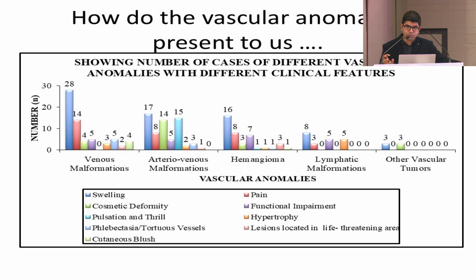Hemangiomas are soft tissue lesions, so they have artery, vein, and soft tissue. They usually present with swelling, can be cosmetic deformity, some hypertrophy sometimes, and sometimes they present as pain. Most commonly, the patient comes with pain. If the hemangioma is in the muscles, an intramuscular hemangioma, then the muscle function will be disrupted, and then the patient comes to us.